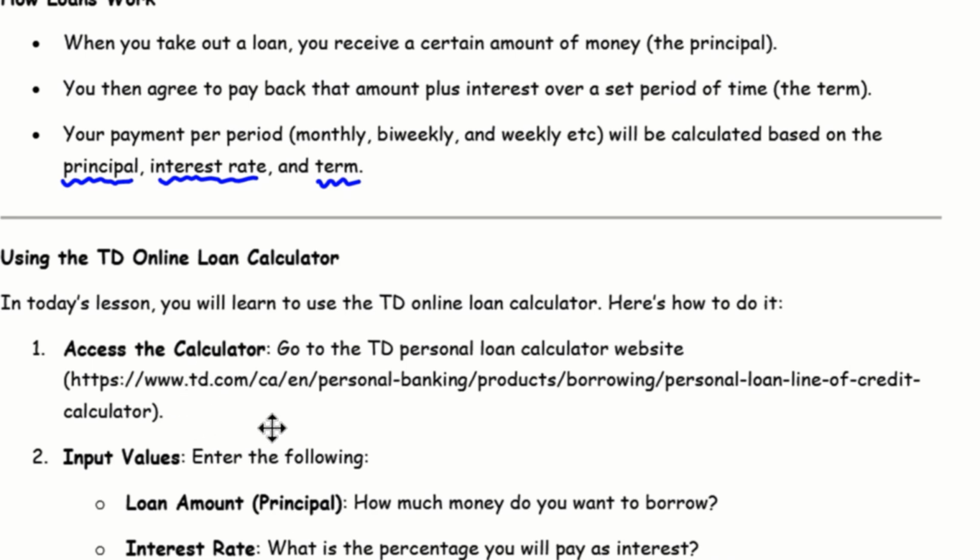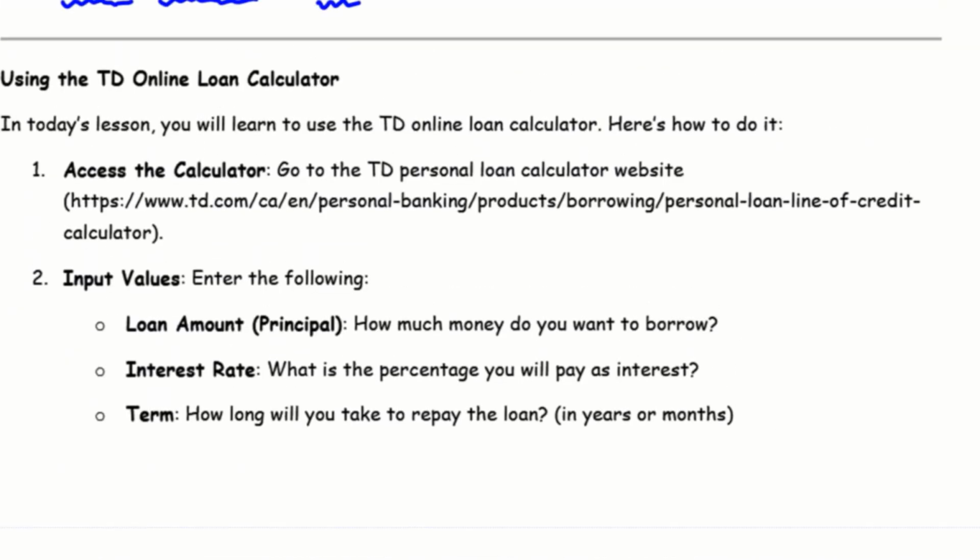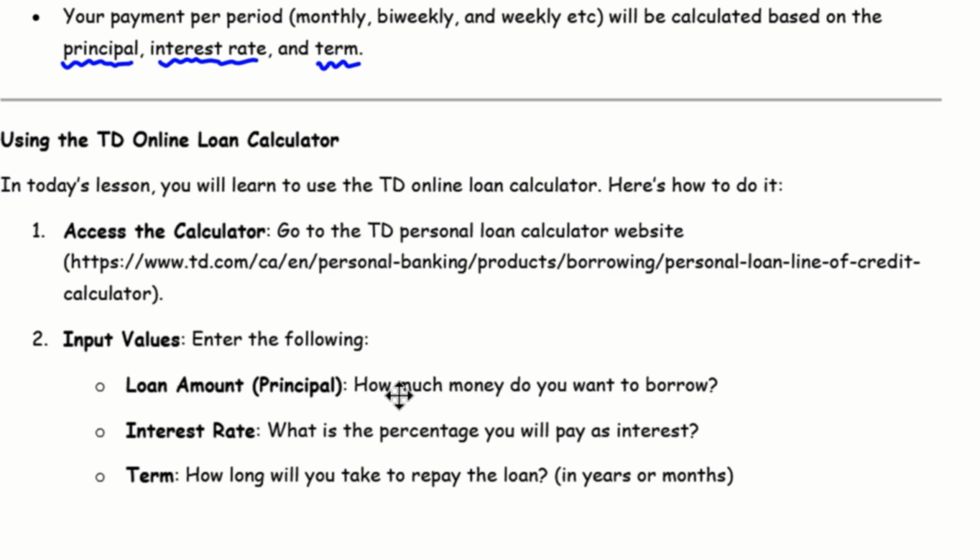We go to the TD online calculator, and there are several things you need to know. The loan amount on the calculator corresponds to the principal, the present value, how much money you borrowed. After that, you input the interest rate, what percentage you will pay as interest.